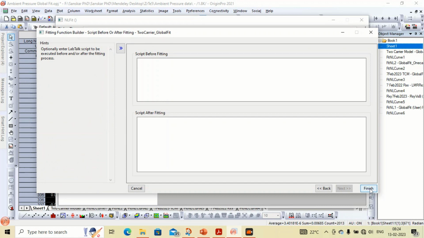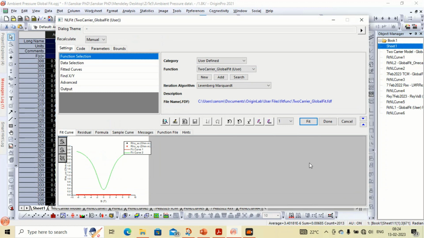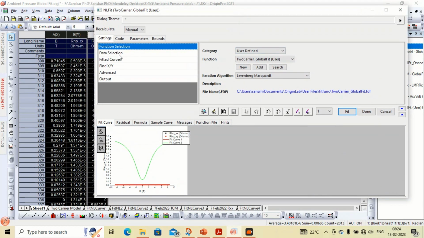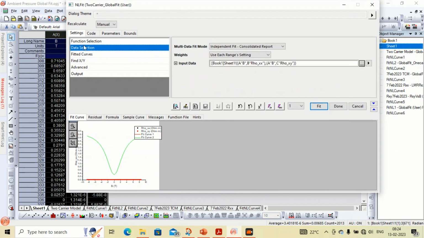I will finish here. Now I have written the formula, and I will select the data.